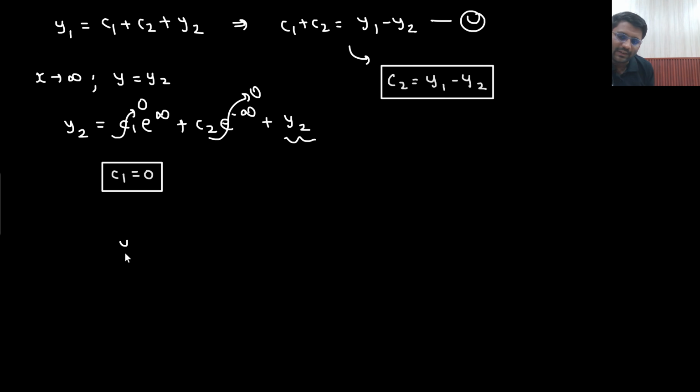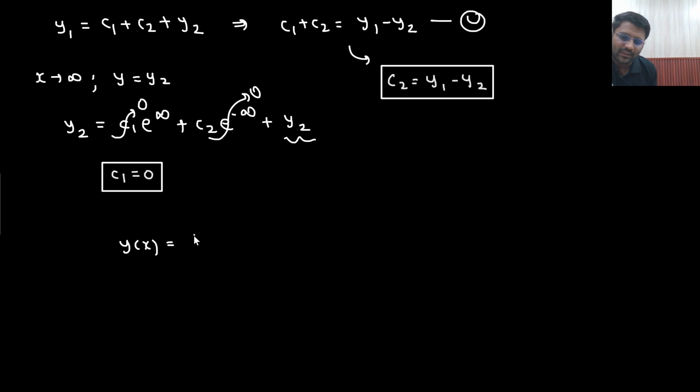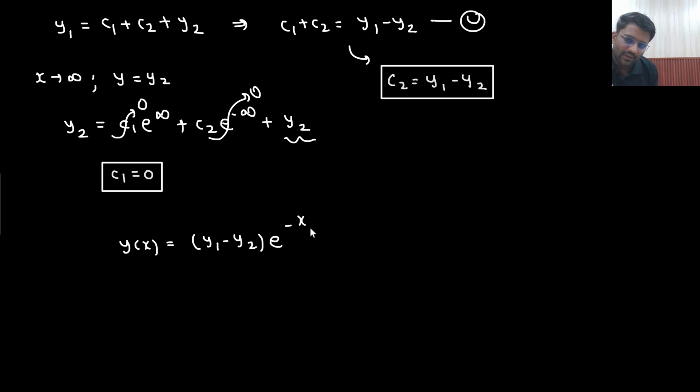So what will be your y of x? y of x is coming out to be, with C1 equal to 0 and C2 equal to y1 minus y2, y1 minus y2 times e to the power minus x by k, plus y2.